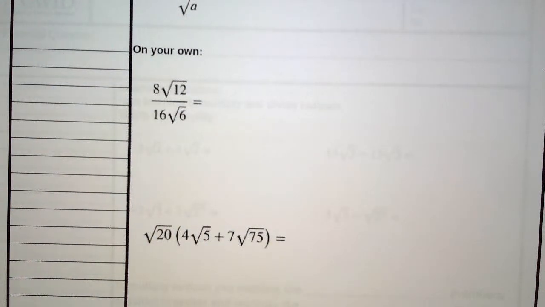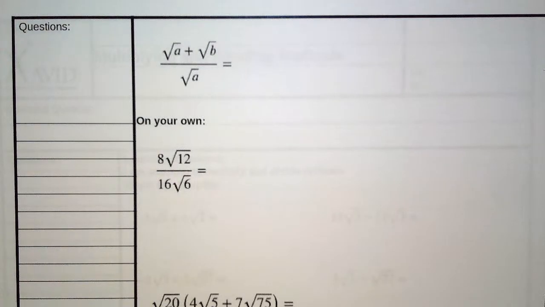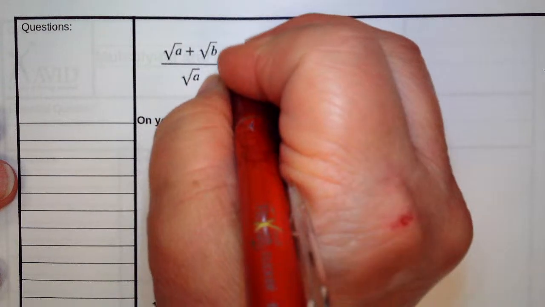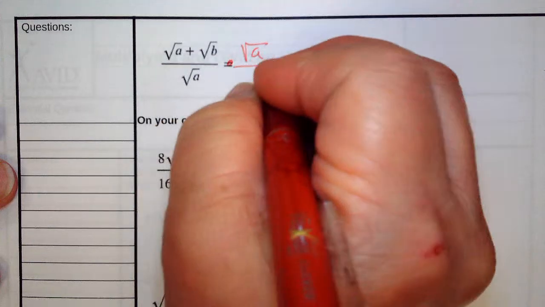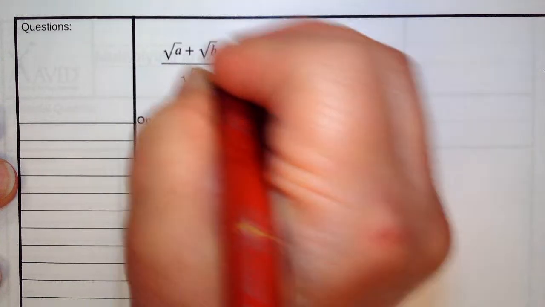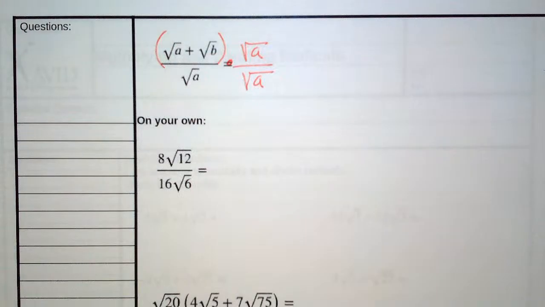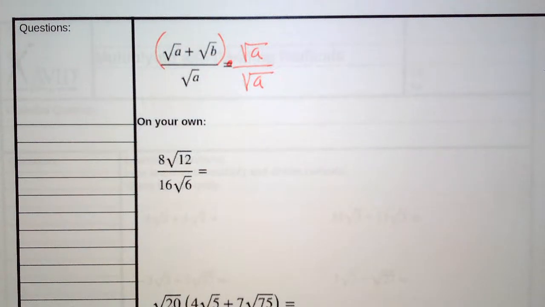What happens if we happen to have a radical square root of a? Does it matter? No. We still have to simplify by multiplying top and bottom by the square root of a over the square root of a. This is considered a single term.